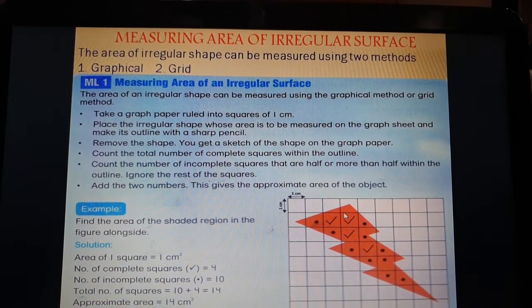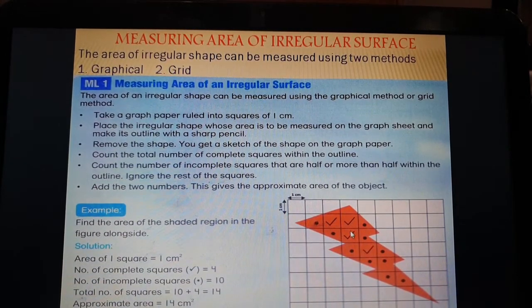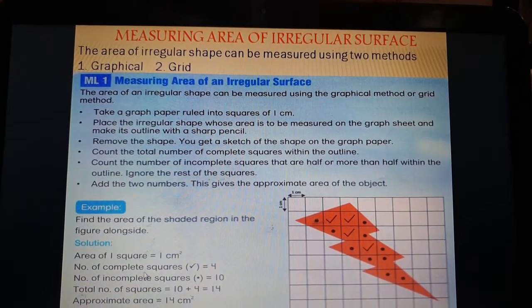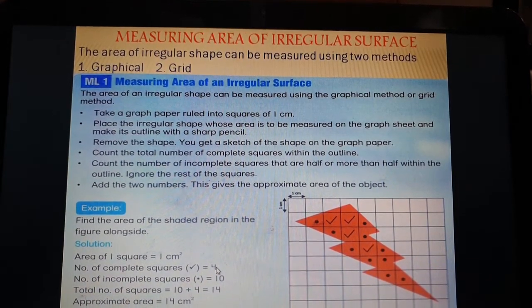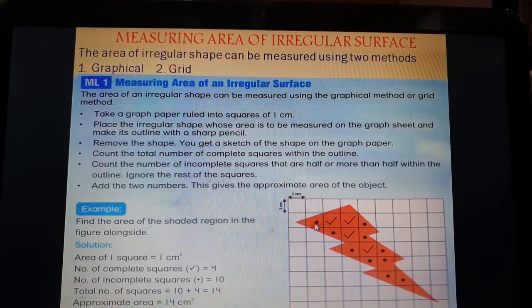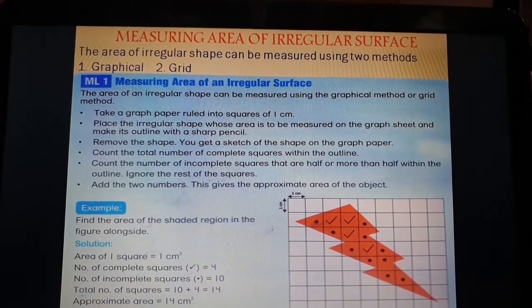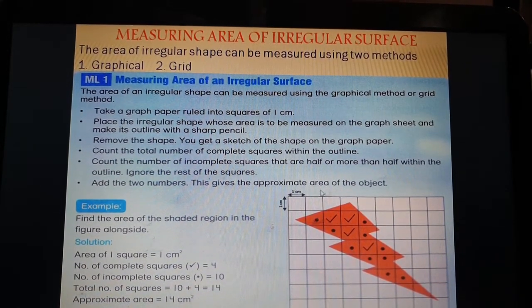Let us see the figure once again. As I told you, complete boxes are only 1, 2, 3 and 4. So I have written here the number of complete squares, that is tick marked, are 4. Next is the number of incomplete squares, that is the dots, which are not completely shaded, which are half shaded or more than half shaded. Such shaded regions I have taken as dots.